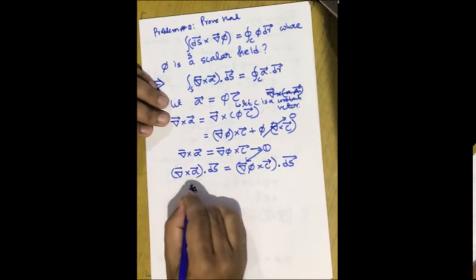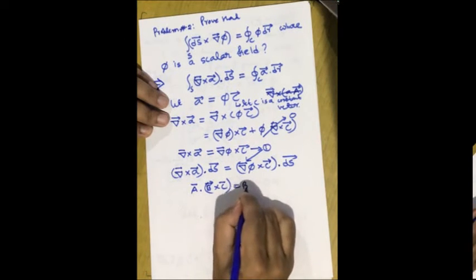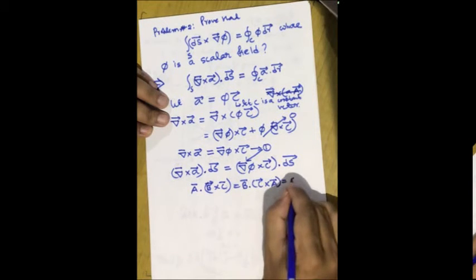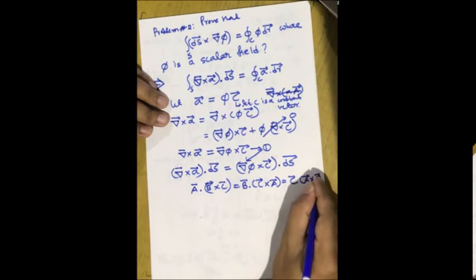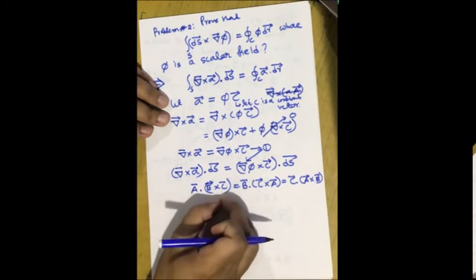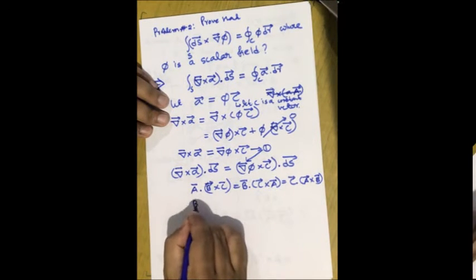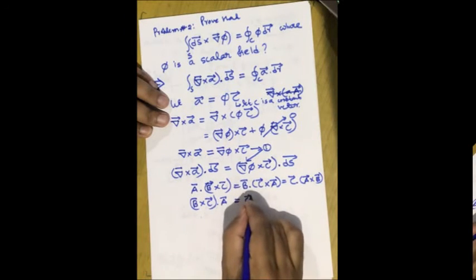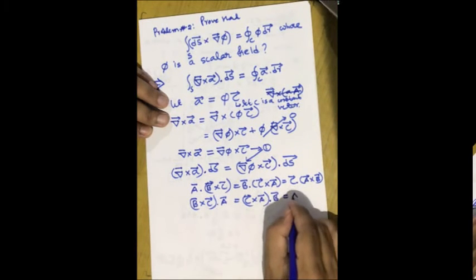Okay, there is a vector rule. If you remember, A cross B dot C is equal to B cross C dot A, which is equal to C cross A dot B. Since it is a dot product, the order does not matter.